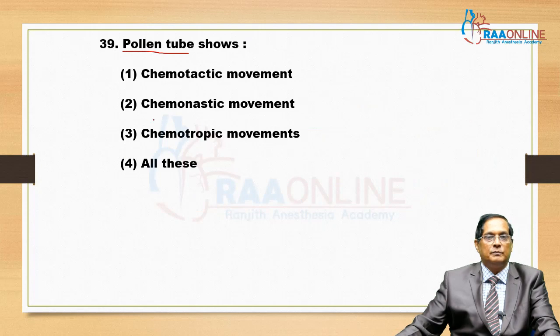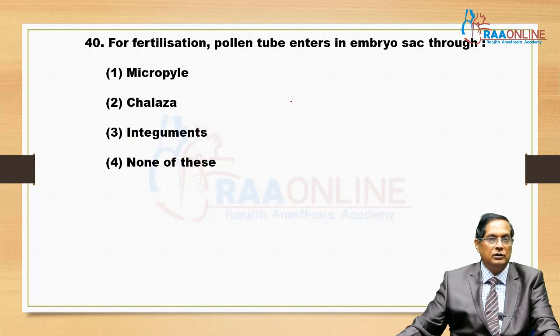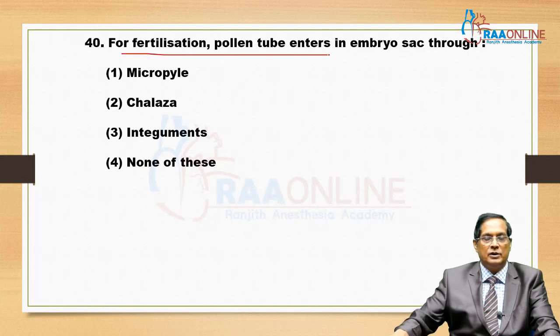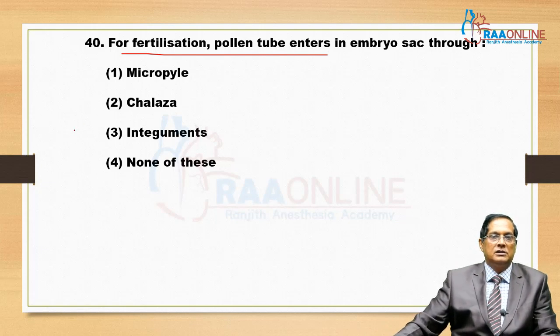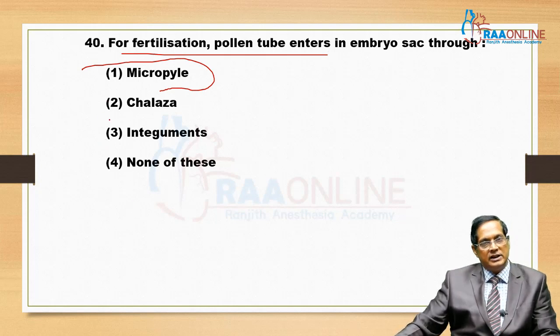Pollen tube. Growth of the pollen tube shows chemotropism. For fertilization, the pollen tube normally enters through the micropyle. This is the most common, but it can also enter through the chalaza as well as the integument.